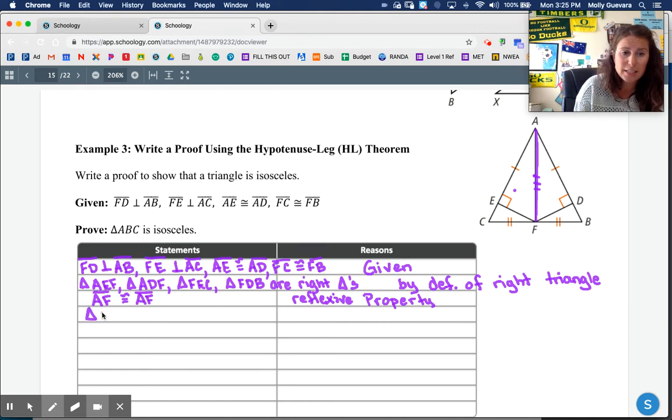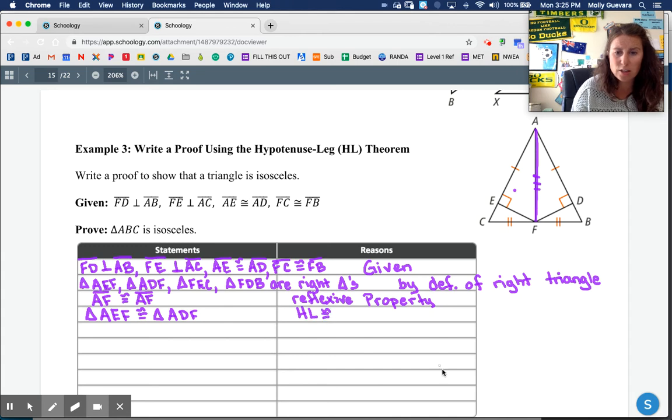And I know that a leg is the same in both of these triangles. So I can say that triangle AEF is congruent to triangle ADF. I can see that those triangles are congruent by HL.